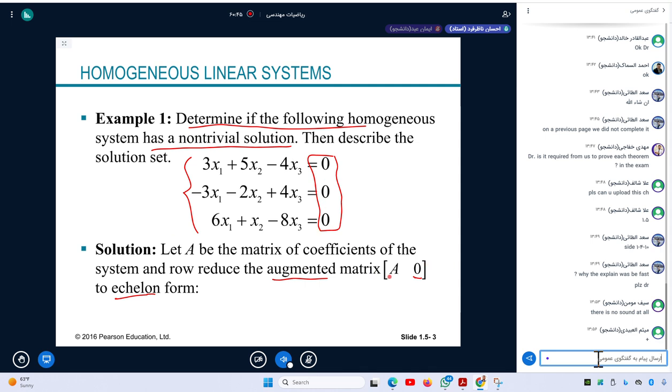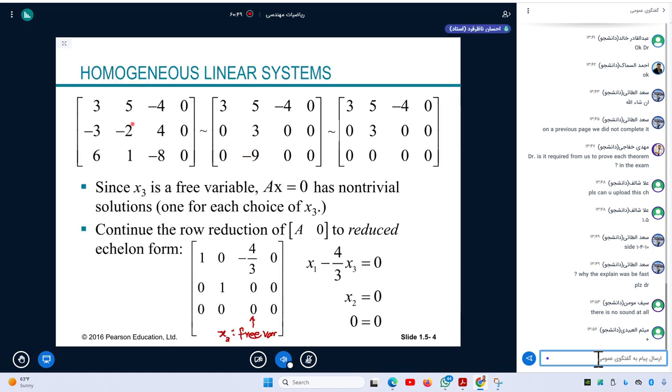Okay, so this is called the augmented matrix. This is matrix A, the matrix of coefficients, and this is column 0 because this is a homogeneous equation.